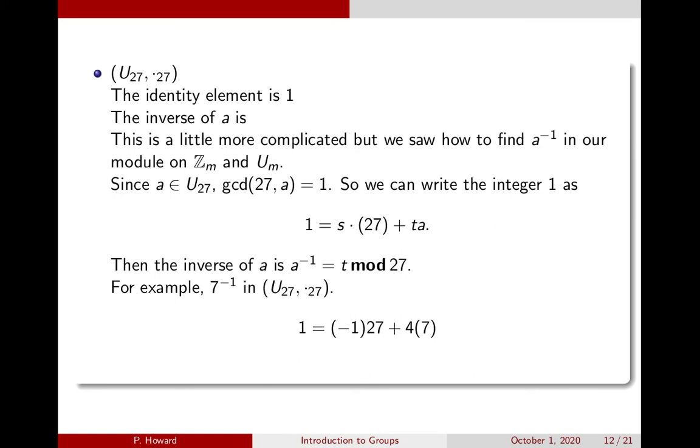It was a little bit of a complex process. And so this 4 mod 27 should be the inverse of 7 in the group U27. So 7 inverse in U27 is 4 mod 27, and as we know, the remainder when you divide 4 by 27 is 4.